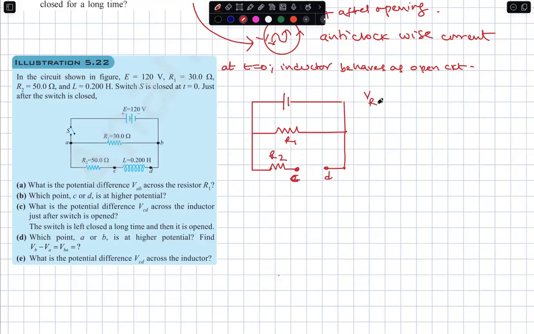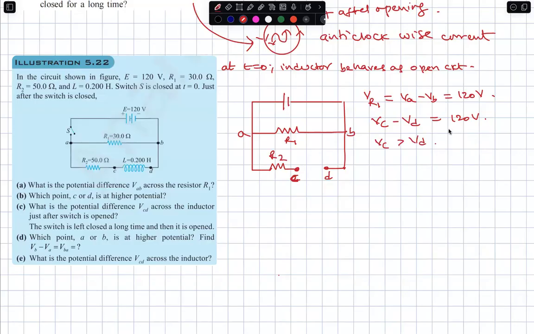So the potential drop across R1 is VA minus VB, 120 volts. And the potential drop across the inductor is also 120 volts. I'm assuming it's an ideal cell. VC minus VD is equal to 120 volts. Obviously, VC is greater than VD.